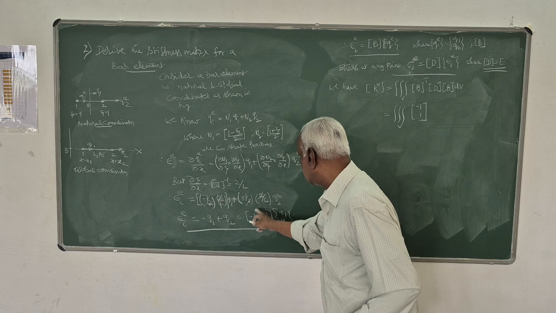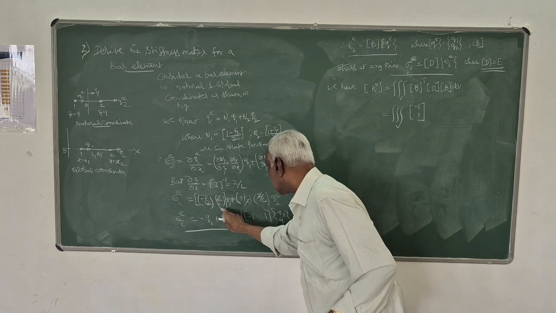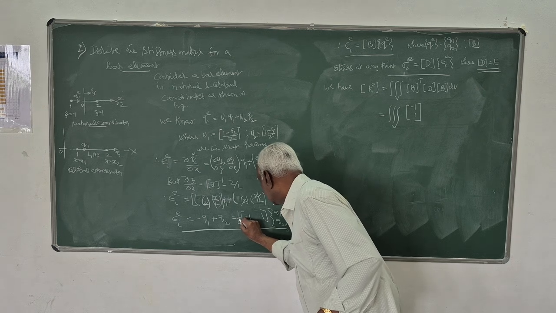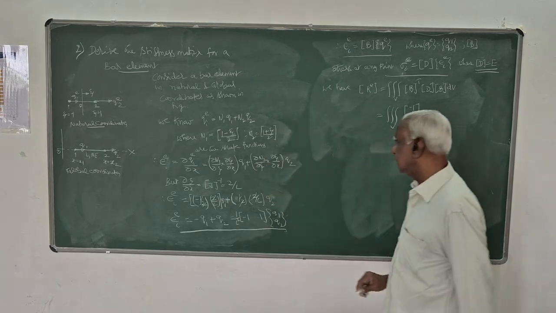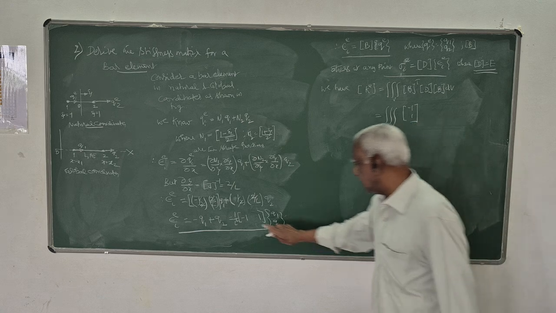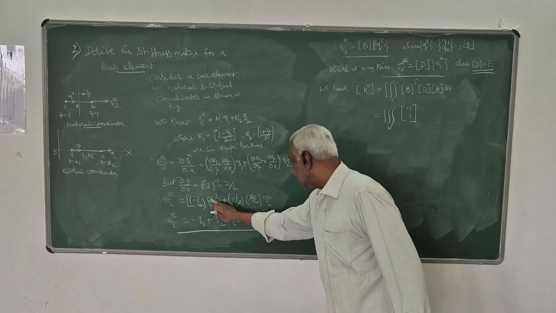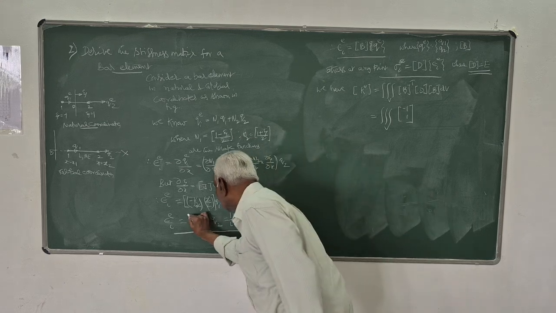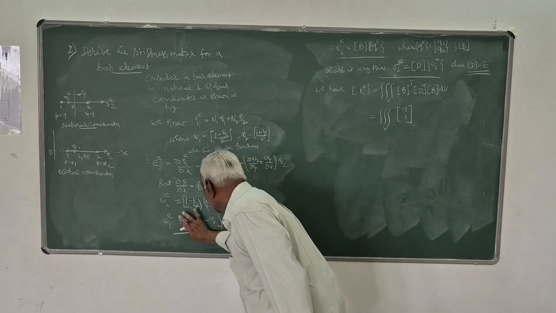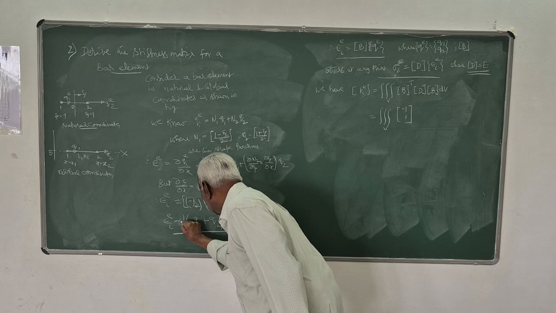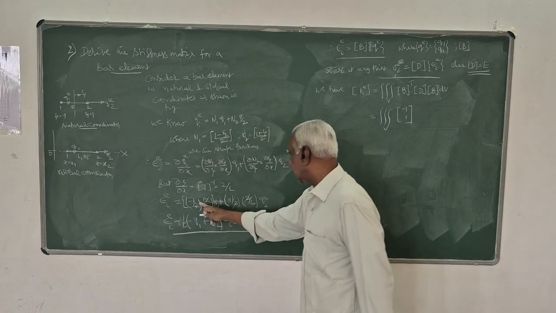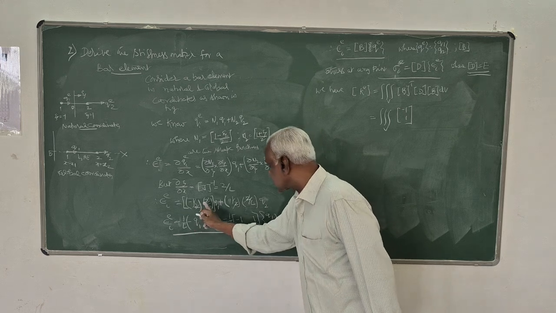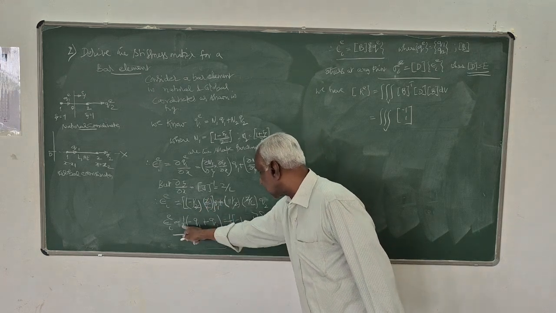Epsilon is 1 by L, with 1 by L as a common factor. Here minus 1 by L, 1 by L; I have taken 1 by L outside.